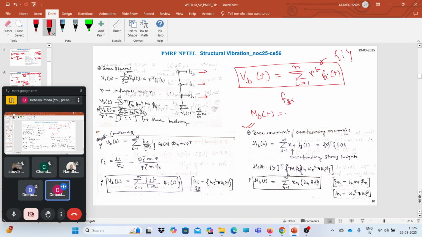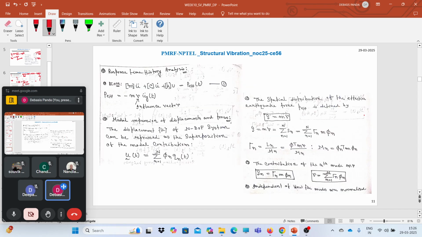Mb(t) is the total Mb, the summation from i equals 1 to N of xi times fi(t) or fsi(t). So using these two pieces of information, we can easily calculate the base shear and base moment corresponding to each mode.